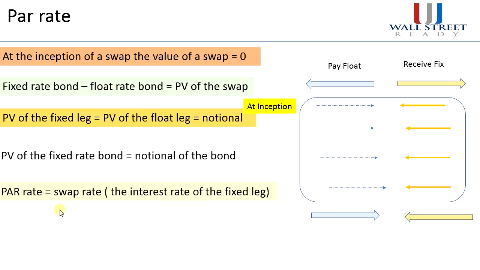The swap rate is the fixed interest rate in an interest rate swap attached to the fixed leg of the swap. Here, the interest rate attached to these interest payments is a fixed rate because it says receive fixed, and that is called the swap rate. So the swap rate is the par rate. That's something to remember.